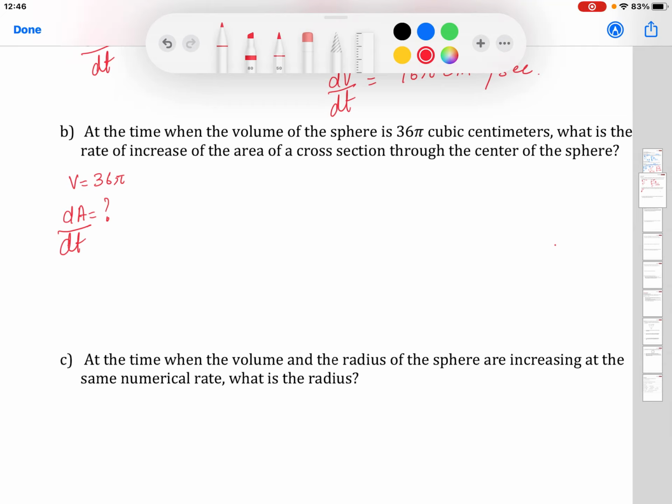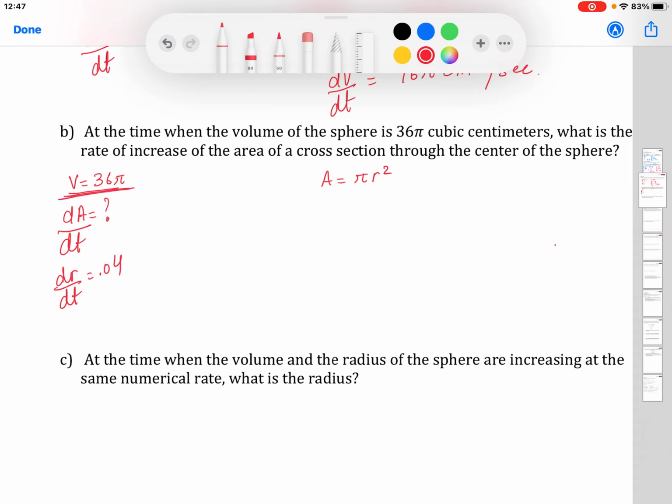So I just know my volume. I don't know my r. In order to use my area, let's write down our formula for the area of a circle. It's pi r square. I do not know my r. Actually, dr dt is from the top. The question is giving us 0.04 centimeters per second. So dr dt is given to us, it's 0.04, but I do not know my r.